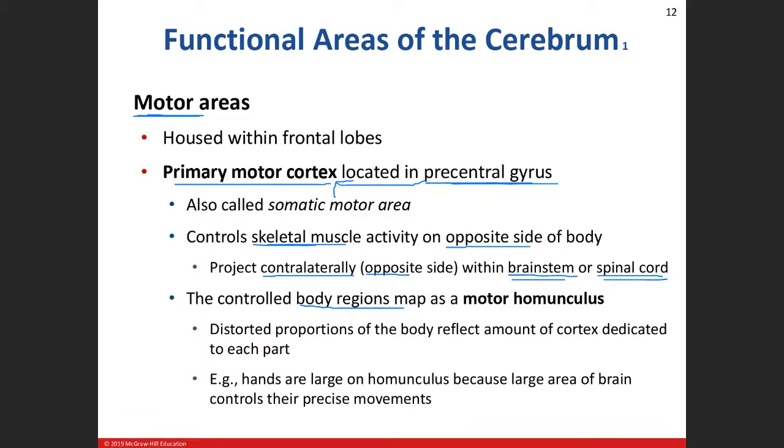Perfect example, where you have more motor control, you'll have more brain real estate committed to that area. Like your fingers and your hands, where you have finer motor control, will have more surface area committed to that region of your body. So I'll show you what I'm talking about, okay?